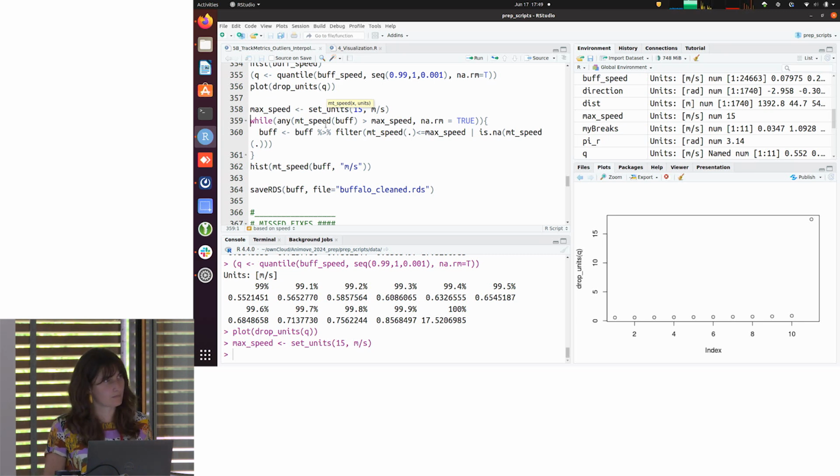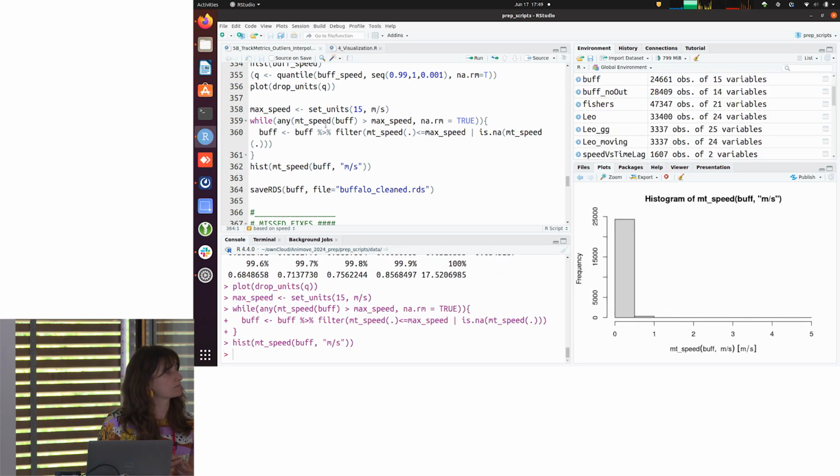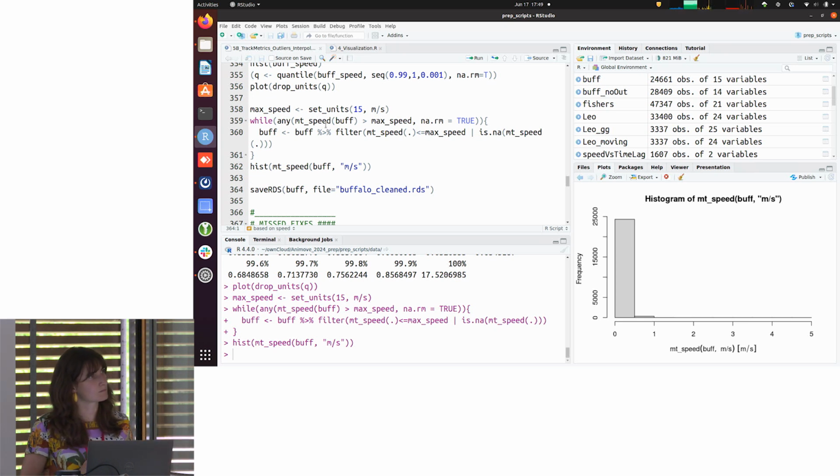If I can just add, the reasoning behind this is that sometimes GPS can do crazy stuff. They can jump really far away, and then you have like 3-4 locations there that are not real, and then it goes back to where it actually is. So if you only remove the speed once, you still have the 5 locations there that are not true, and you still have high speeds.